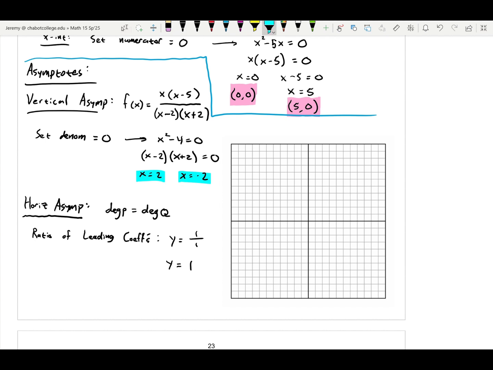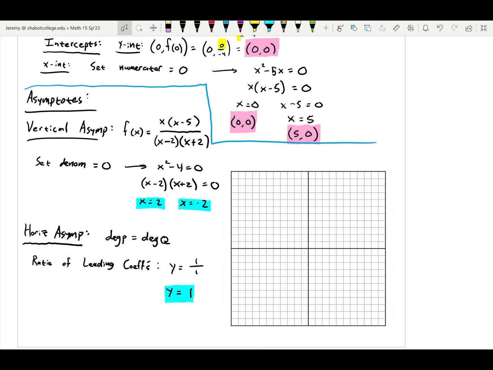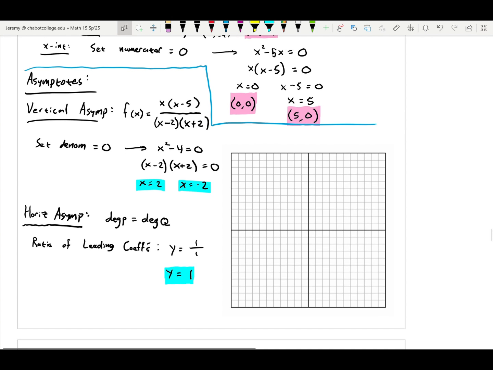This is a horizontal line, which just intersects the y-axis at y equals 1, or at that ordered pair (0, 1). Now I have a lot of good information on this function here. I think I'm ready to start plotting points, and I'll draw in these asymptotes, and then we can use a table of values to fill in any gaps that are left.